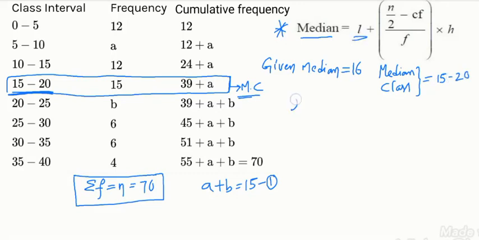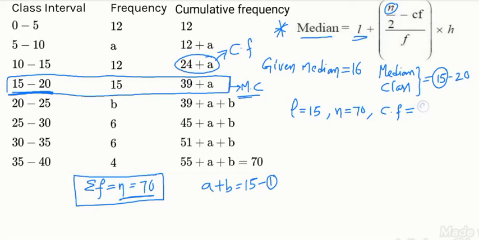Now I am telling you each letter. L means the lower limit of the median class. Lower limit is 15, so L is equal to 15. Next, N. N you already know, N is 70. Next one, CF. C means cumulative, F means frequency: the cumulative frequency of the previous class. So this is your previous class cumulative frequency, known as CF.